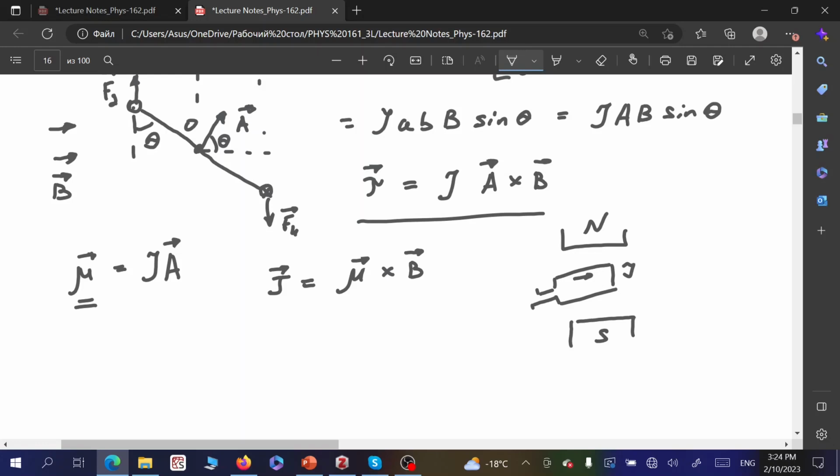So that's the basic principle of operation of all electrical actuators, motors.